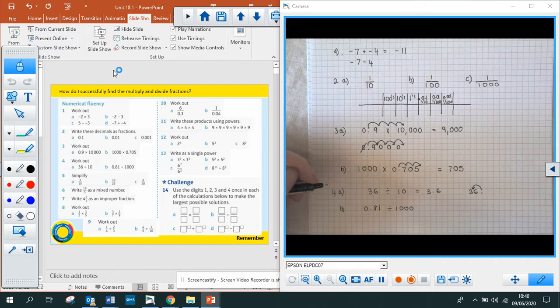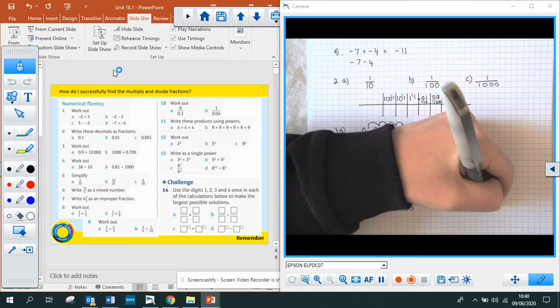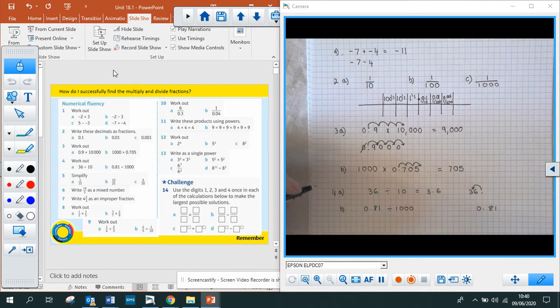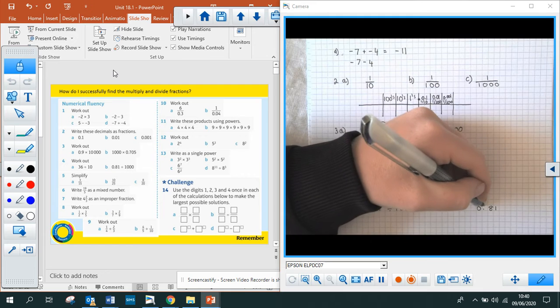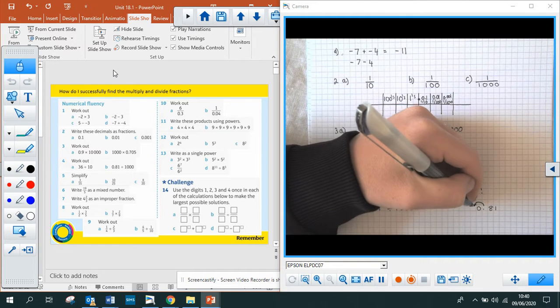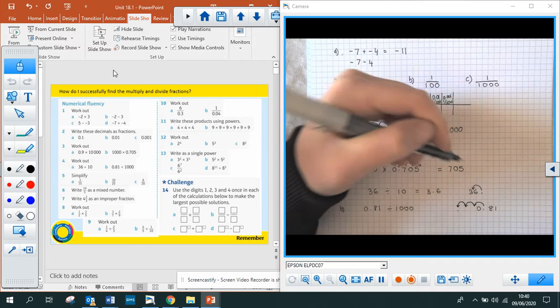Okay, it's the same as before. I'm going to write 0.81 over here. We're making 0.81 1,000 times smaller, which means we need to move our decimal 3 places to the left. So we start here, it's going to go 1, 2, 3, and that's where my decimal will end up.